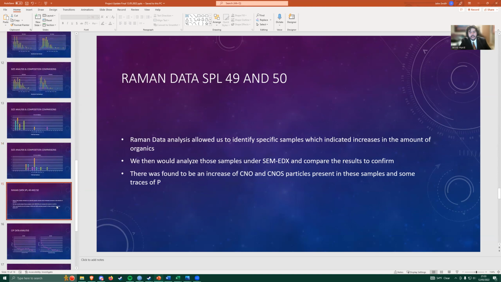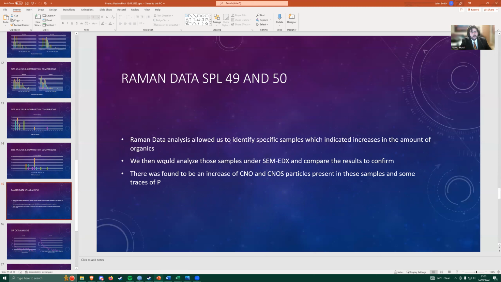All right, so now I'll go on down to the Raman data for SPL and or 49 and 50. Our Raman data analysis allowed us to identify specific samples which indicated increases in the amount of organics. The ones that were specifically identified were 49 and 50, I think those two were the most specific ones.